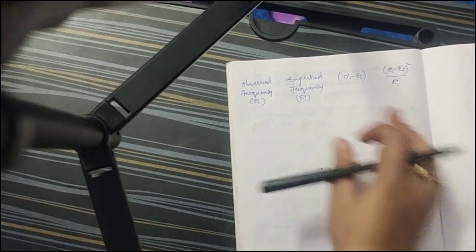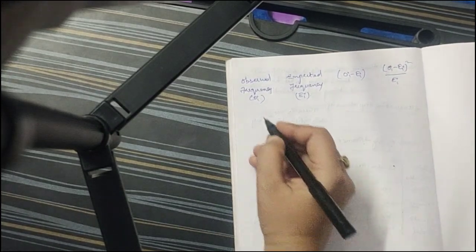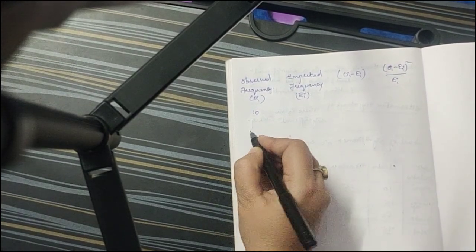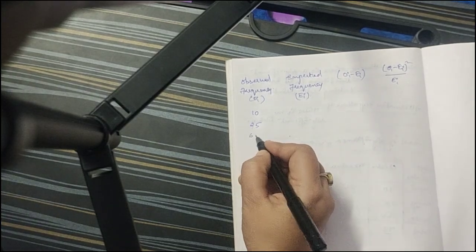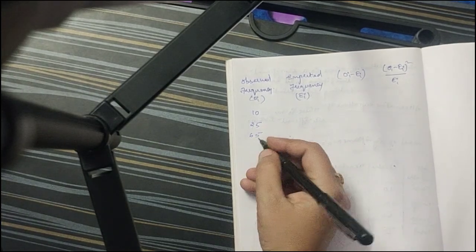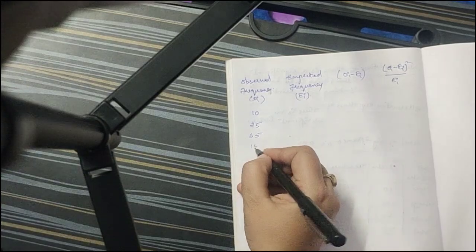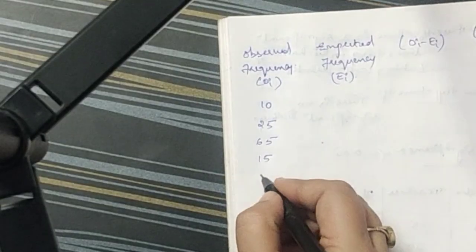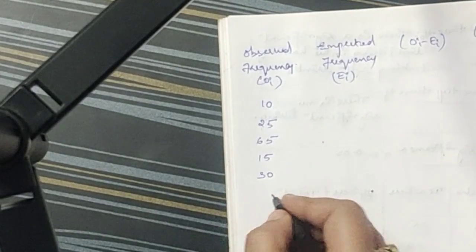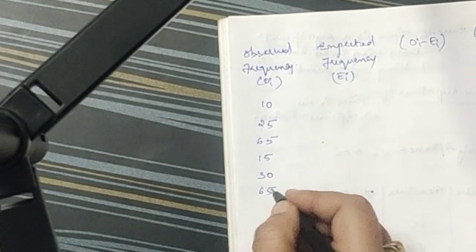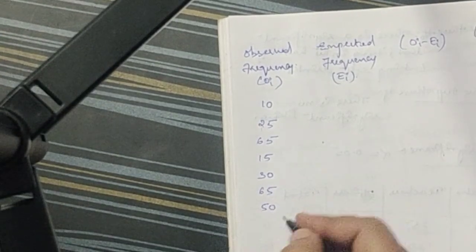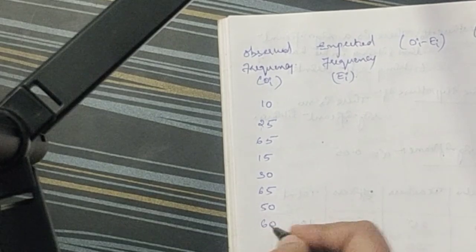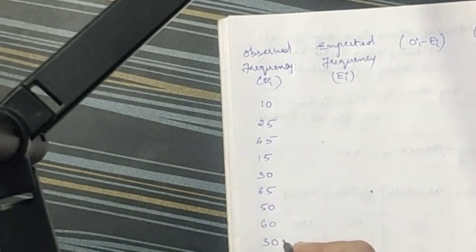Now, in the same way you are going to write that data over here. Your first was given, it is 10, then 25, 65, 15, 30, 65, 50, 60, 30, right.